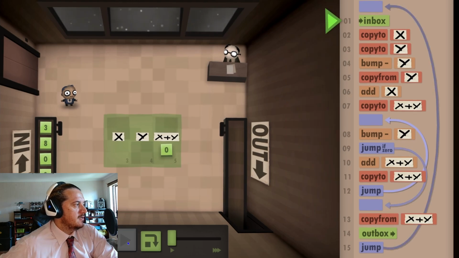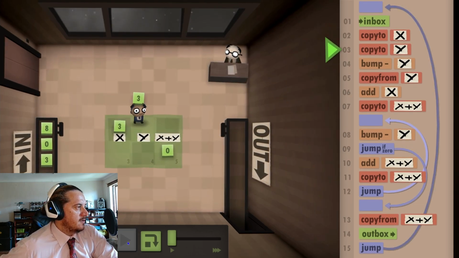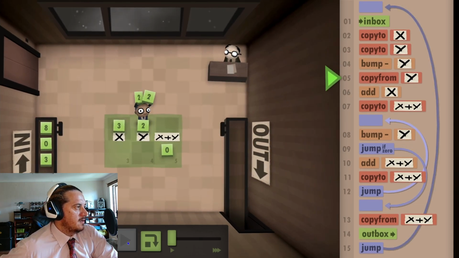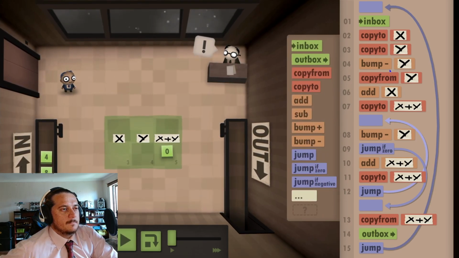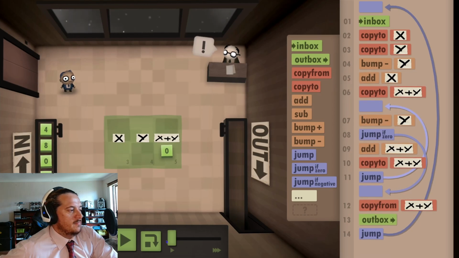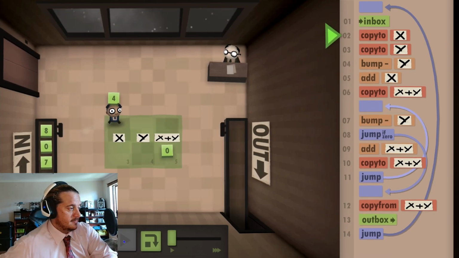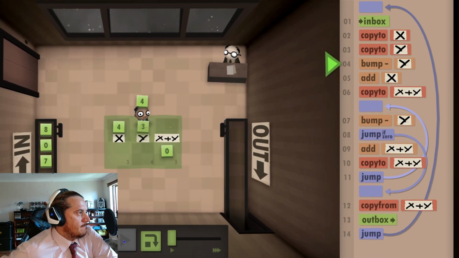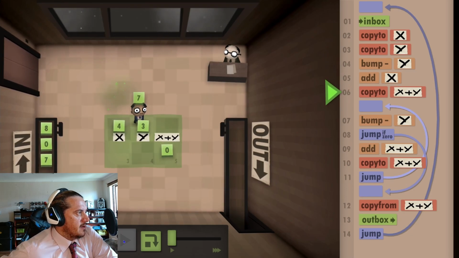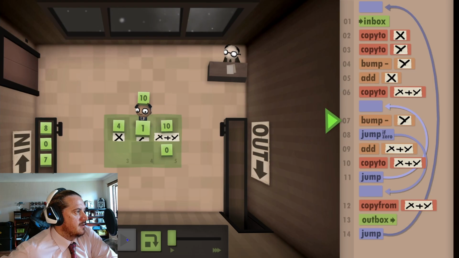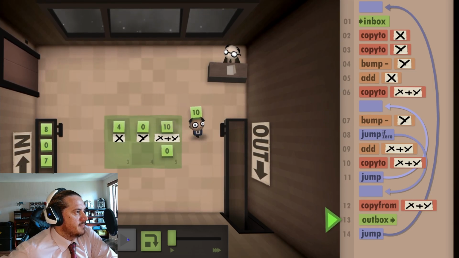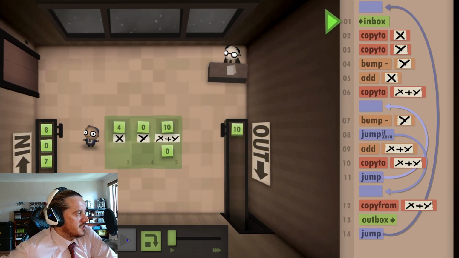Let's see. Stop. I didn't need that extra copy from. There, added. Put them there. So 2 added, so 1 added, that's 0, pick up, let's hit back.